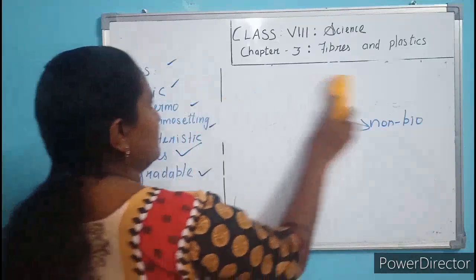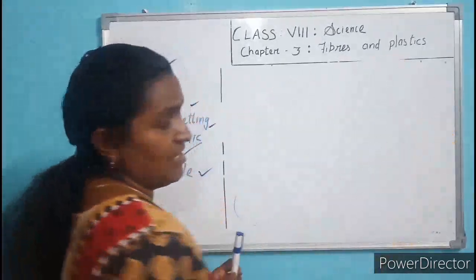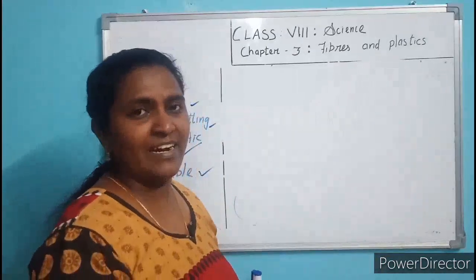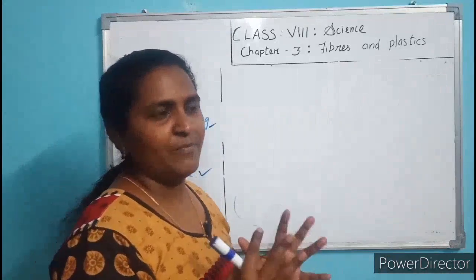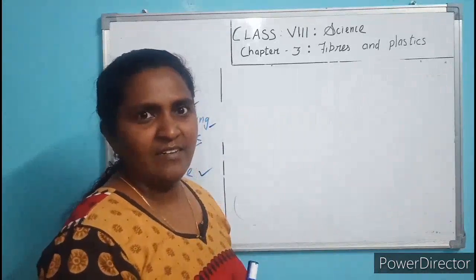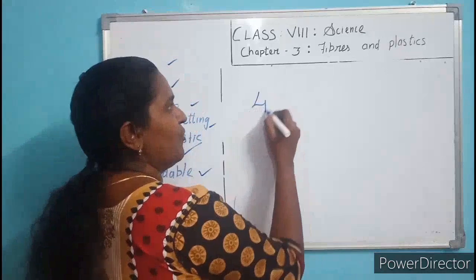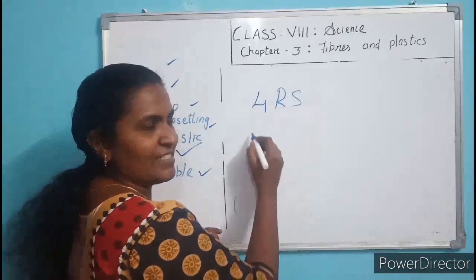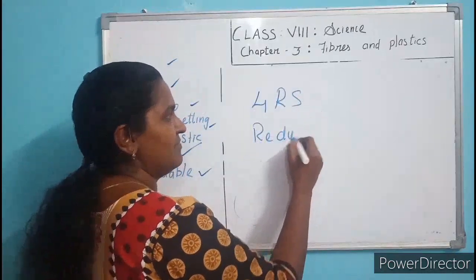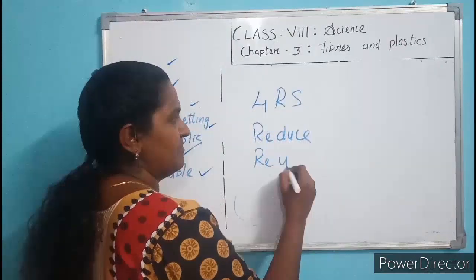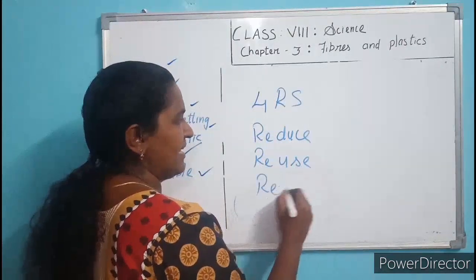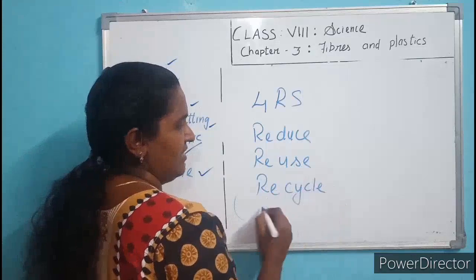The next one is, how will you keep the environment clean? For this, you should learn the 4Rs. What are the 4Rs? Reduce, reuse, recycle, recover.